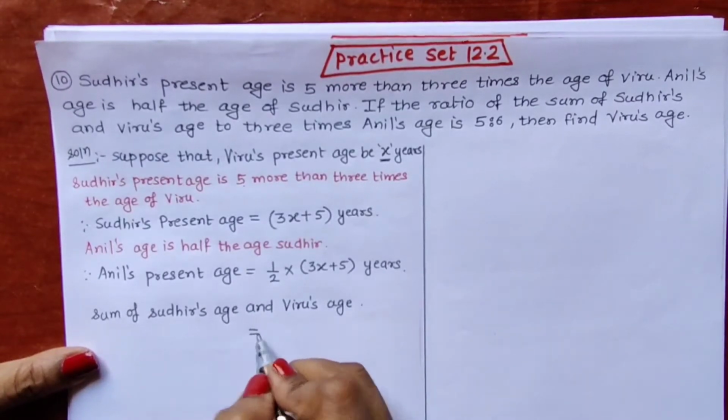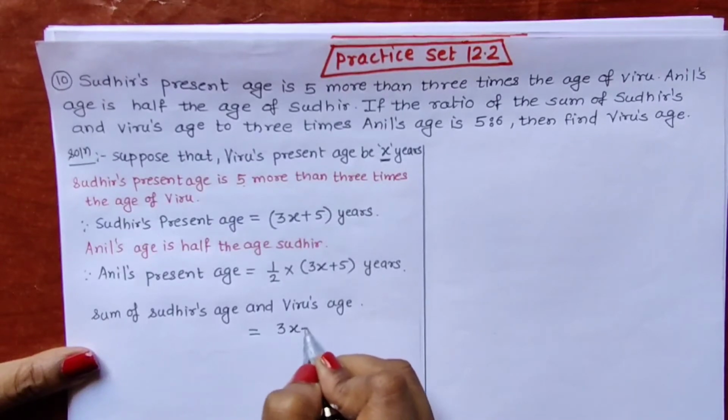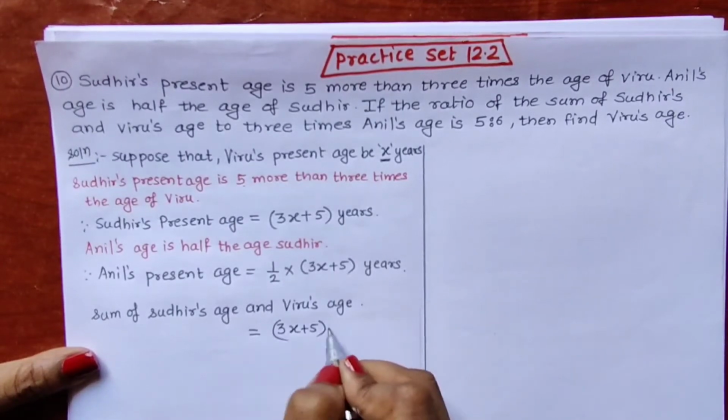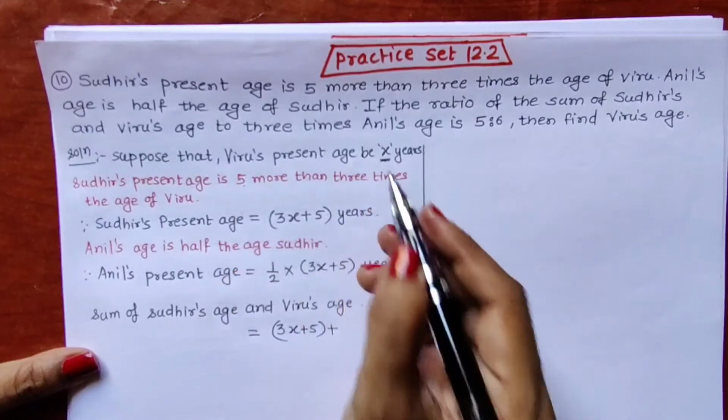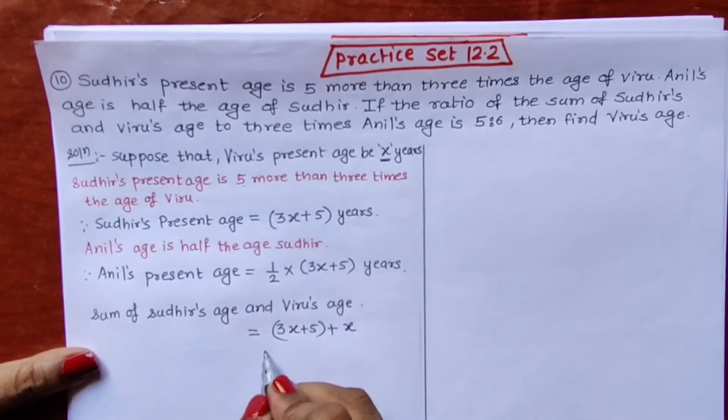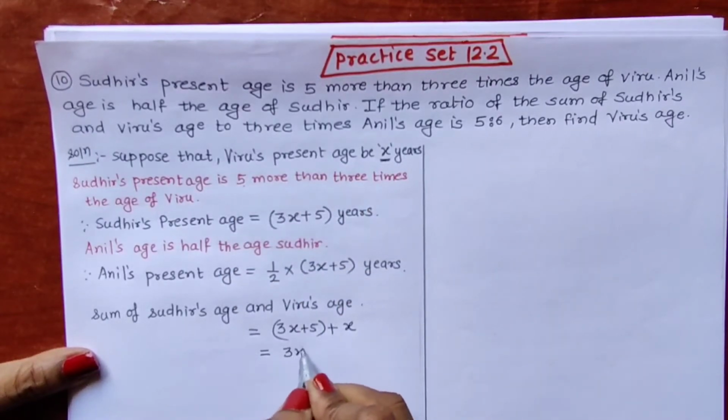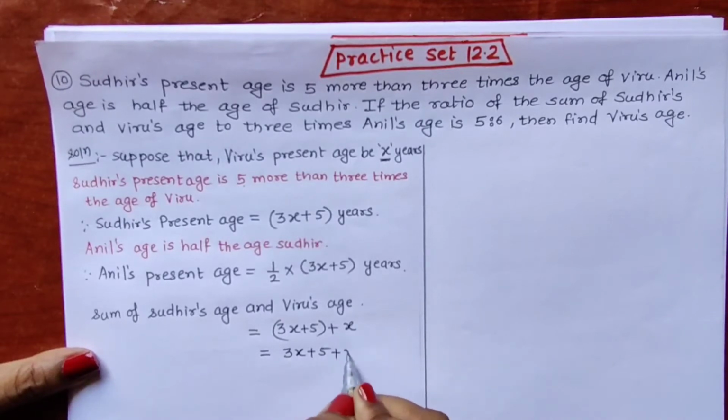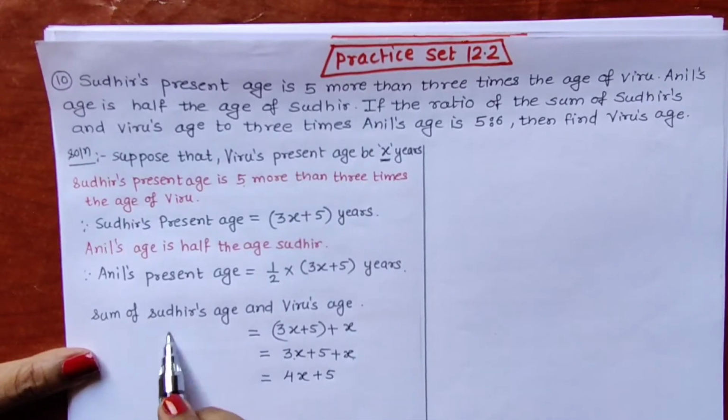So it will be equal to Sudhir's age is 3x plus 5 plus Viru's age is x. So 3x plus 5 plus x. 3x plus 1x, we can add this. It will become 4x plus 5. So sum of Sudhir's age and Viru's age is 4x plus 5.